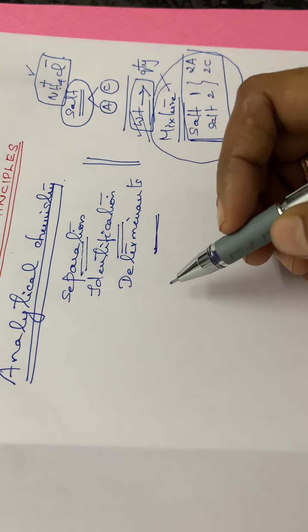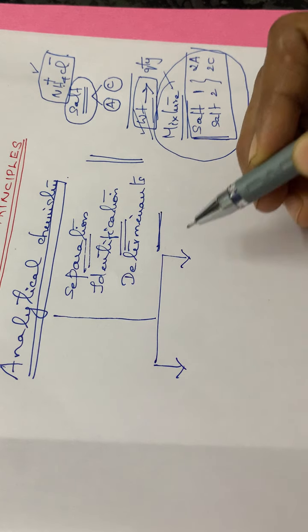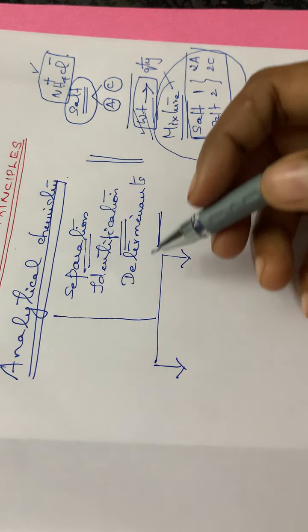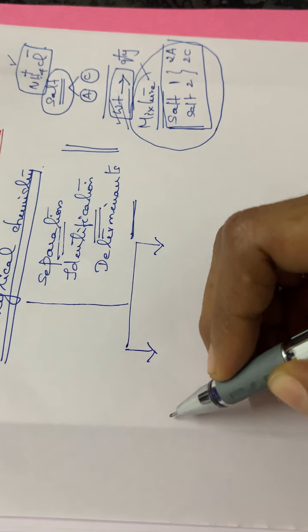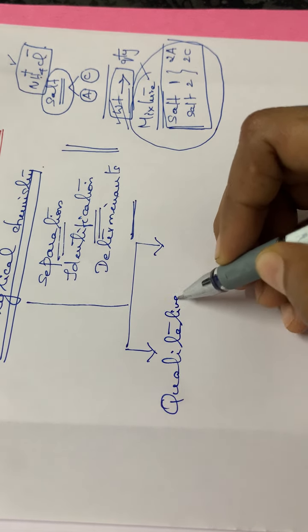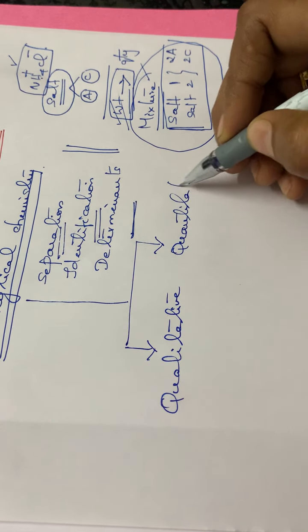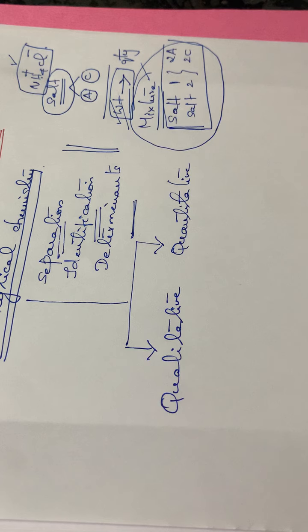And also this analytical chemistry, we can consider it as 2 branches or 2 types of analysis. The first one, that is the qualitative analysis, and the second one, that is the quantitative analysis. Qualitative and quantitative.